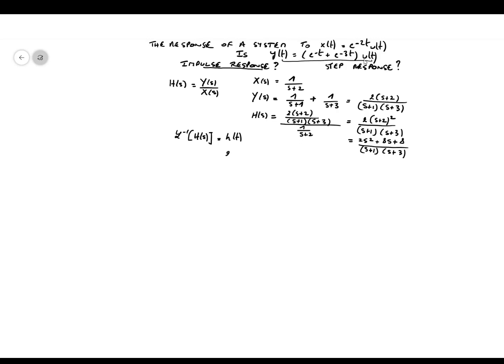So we take this one and we divide, well, this one also we have to expand it, and it will be s squared plus 4s plus 3, and here we have to divide the numerator polynomial by the denominator polynomial.